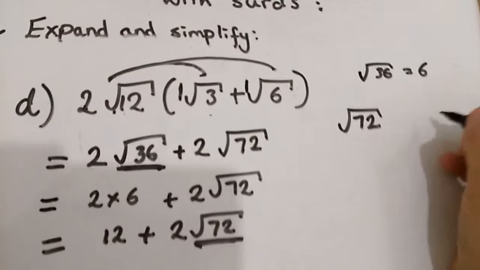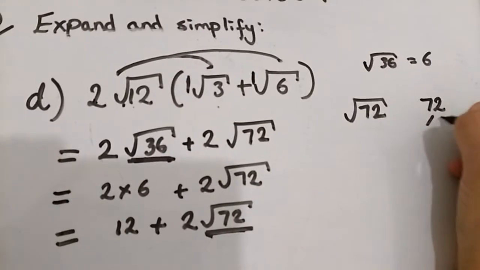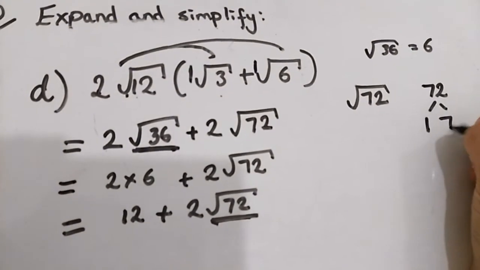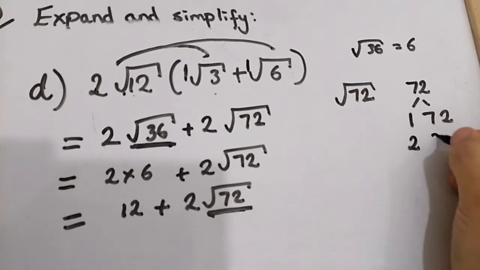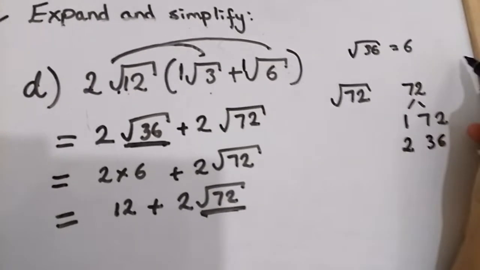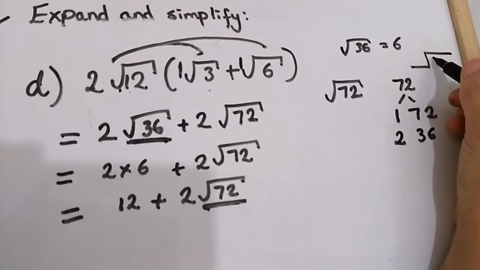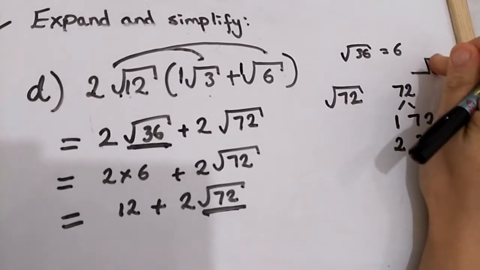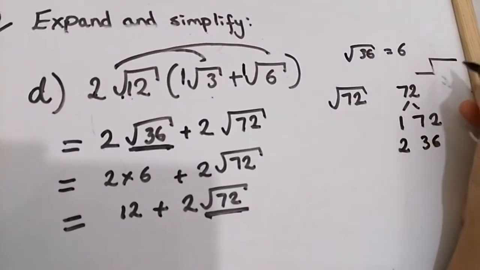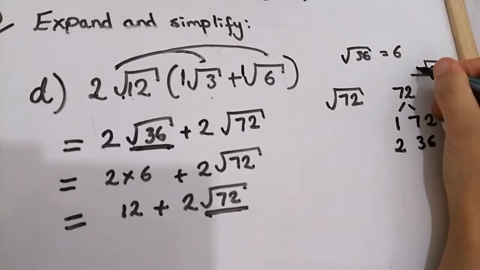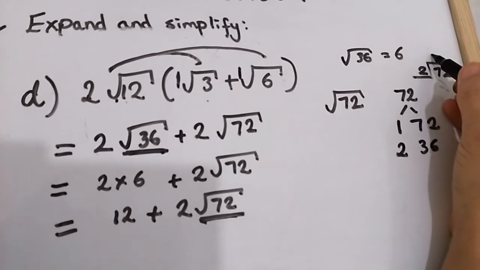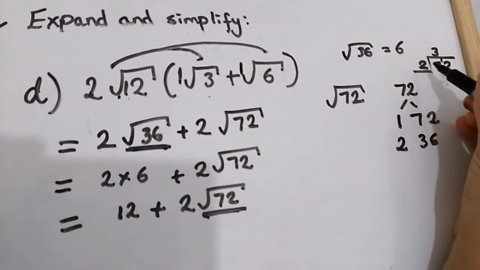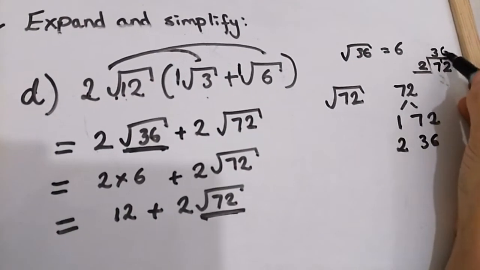So let's have a look. 72. The factors of 72 are 1 times 72, 2 times 36. Now remember, if you're in the exam and you're really stuck about how many times 2 goes into 72, just do a division at the sides. 2 into 7 is 3, remainder 1. 2 into 12 is 6.